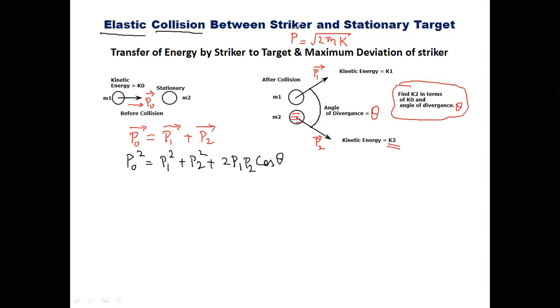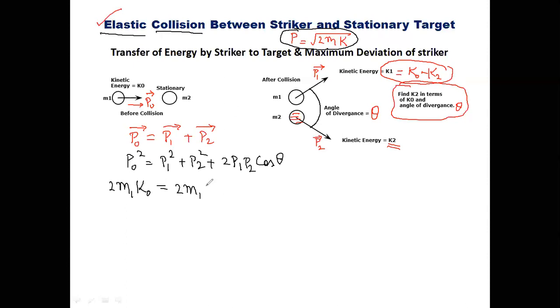Now P0 square can be replaced by 2 times m1 into k0. P1 square will be replaced by 2 times m1 into the kinetic energy k1. But notice this kinetic energy k1 can be written as total kinetic energy k0 minus k2, from conservation of kinetic energy applicable to elastic collisions.